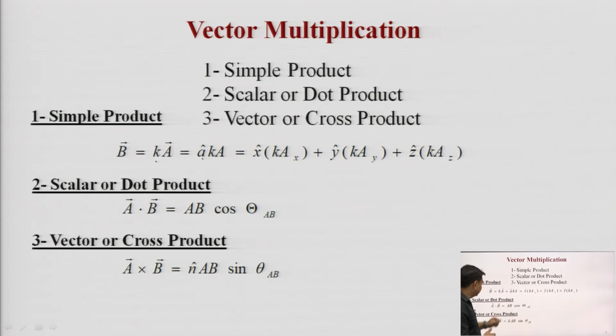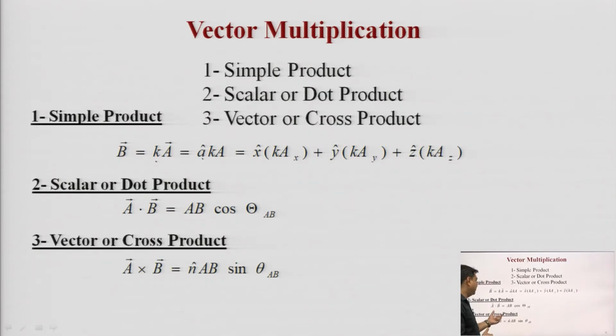The second term is scalar or dot product. In this scalar or dot product, there are 2 vectors which are multiplied together, in the form of a dot product, which means A and B are multiplied with a dot only, and this is also called scalar multiplication.